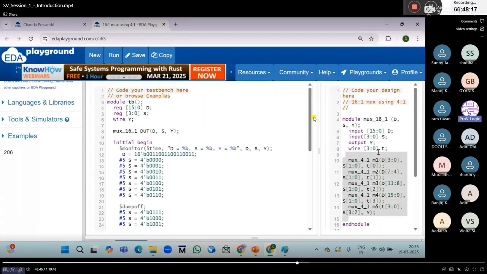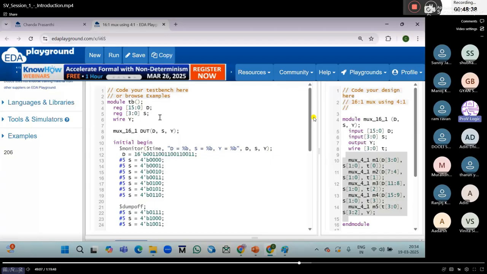For this, how are we writing the test bench? In the third line, we write the module, and in the fourth, fifth and sixth lines we declare the inputs and outputs. You already know inputs must be declared as wire and outputs must be declared with a reg data type, because we are using procedural assignment statements.